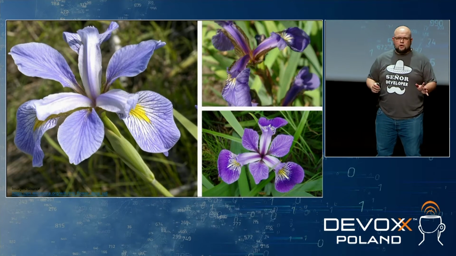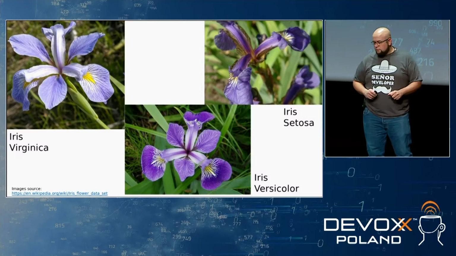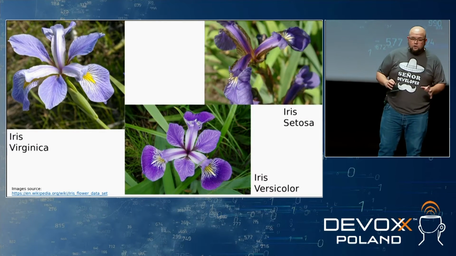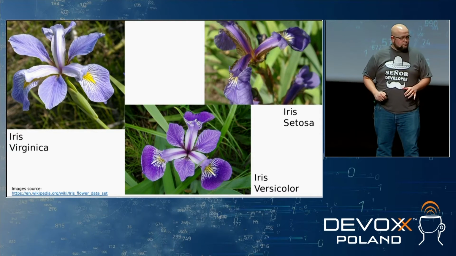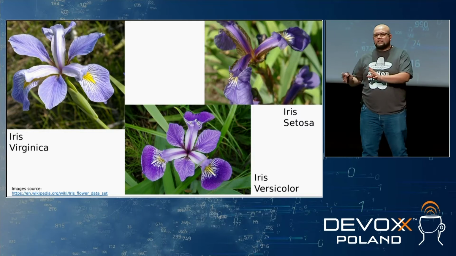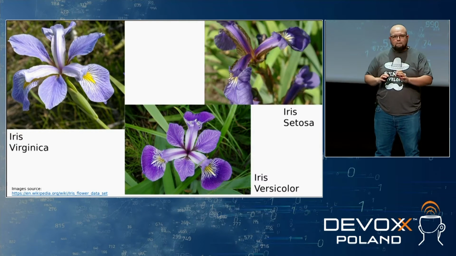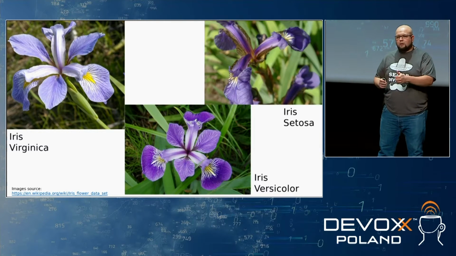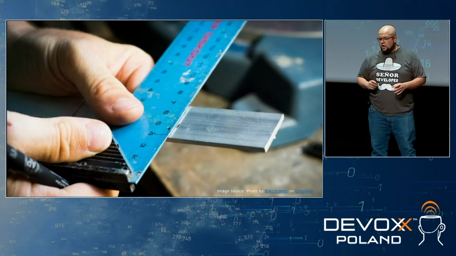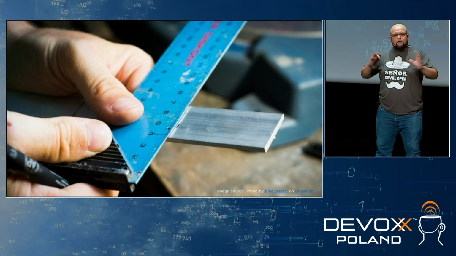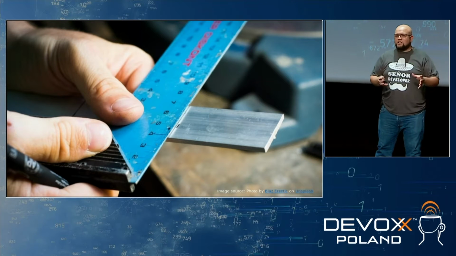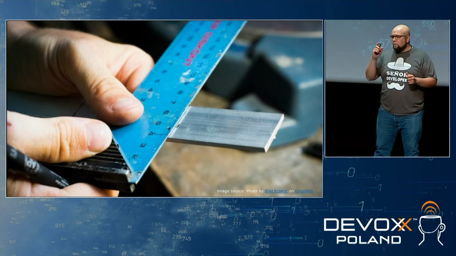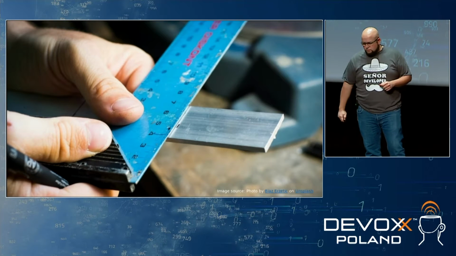He found them particularly beautiful, so he started studying them. He called them the iris virginica, the iris setosa, and the iris versicolor. And in order to classify them, he started measuring the sepal and the petal. So he created a data set with the different measurements and with which class they corresponded to.